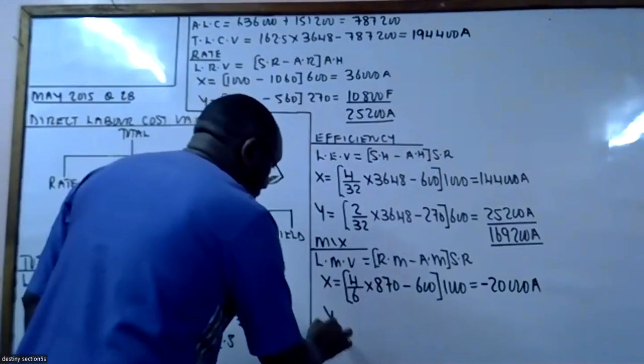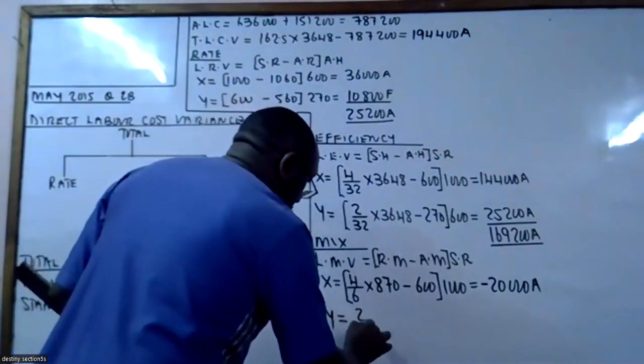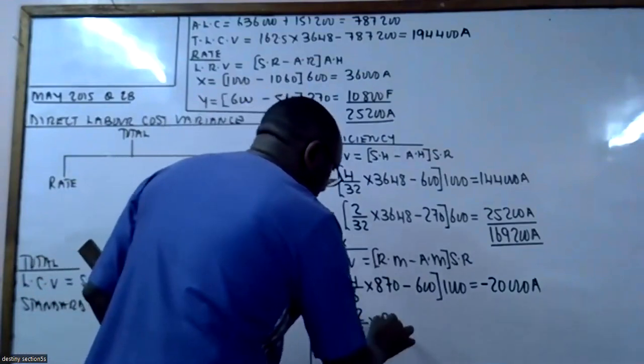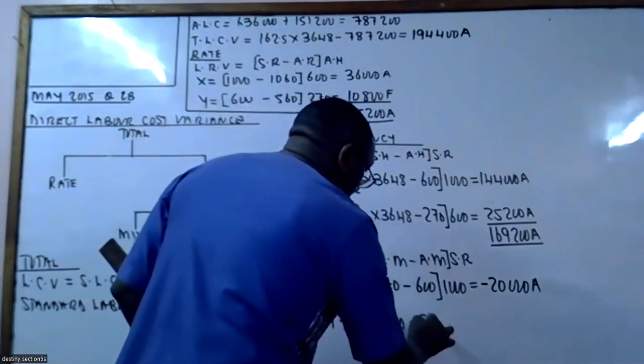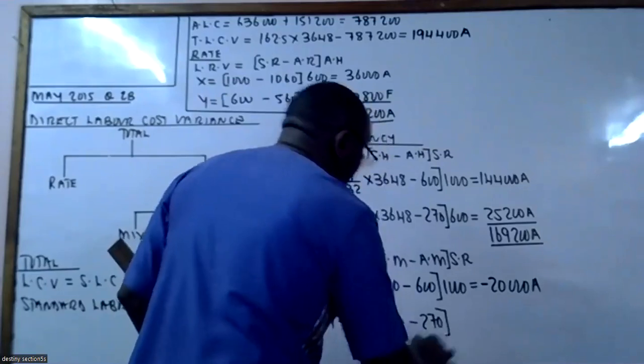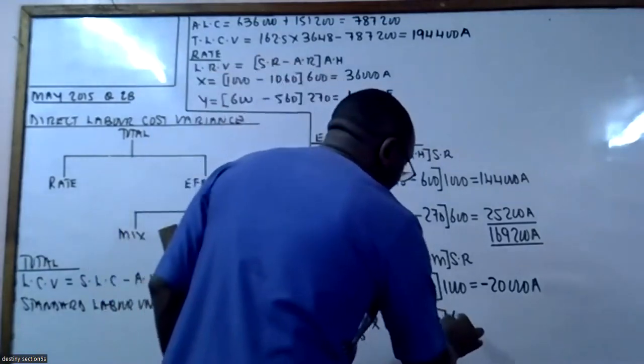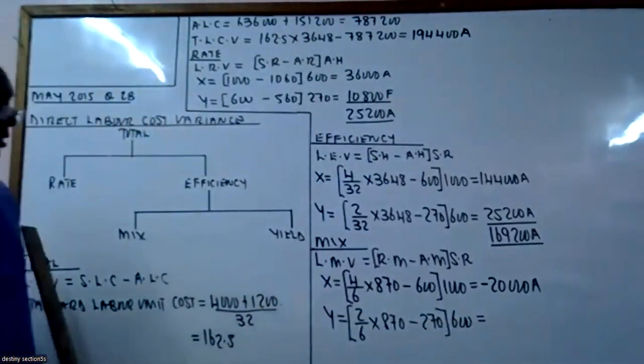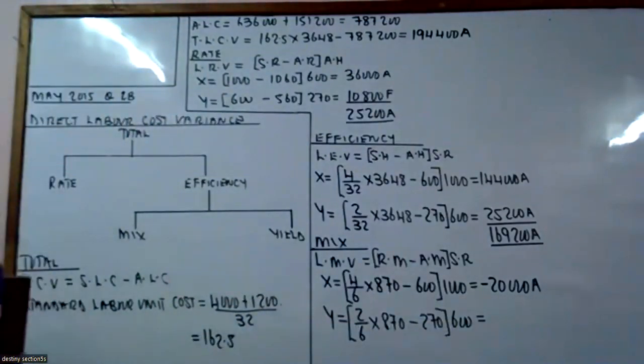Then when we come to Y, was supposed to bring 2 out of 6. So multiplied by 870 minus what it brought, 270, at 600. So 2 out of 6 times 870 minus 270, you multiply by 600.